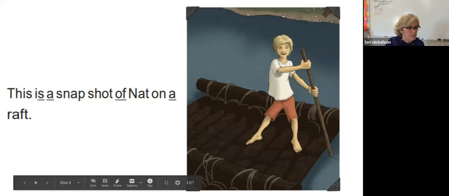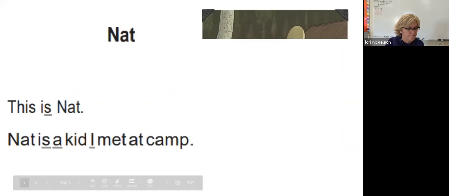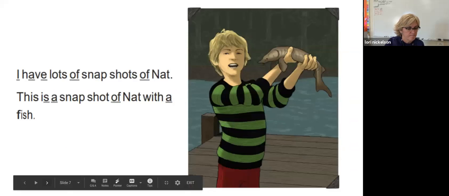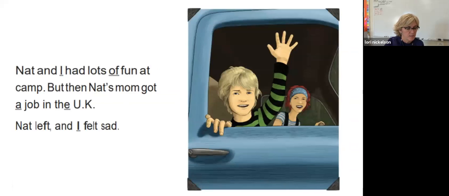All right. On this page here, can anyone tell me why Nat right here has this apostrophe S on his name?